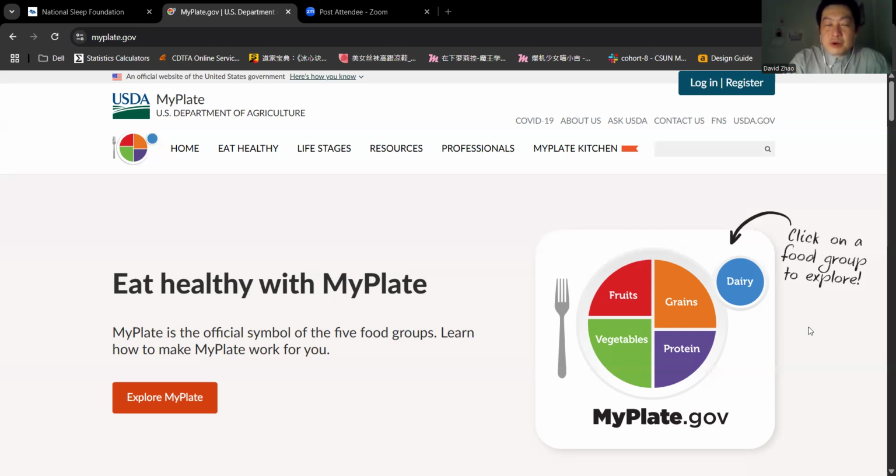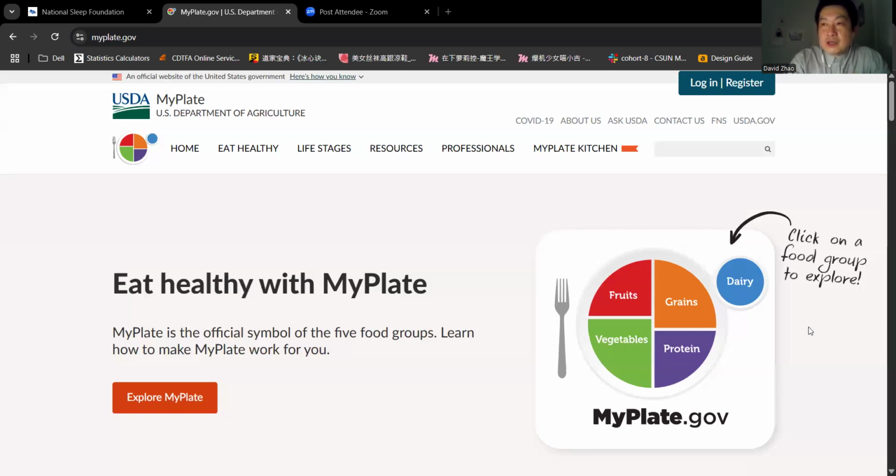Oh, and by the way, pardon me, the last thing with the first subcategory, food type proportions, is that, for example, your usual meal consists of 25% fruits, 25% vegetables, 25% grains, and 25% protein with no dairy, just for example, which is not recommended because we would want to consume some part of dairy.